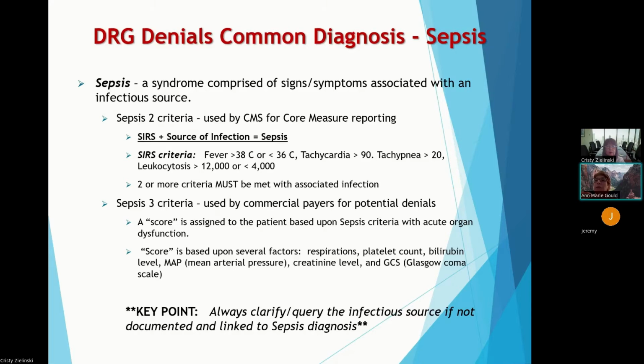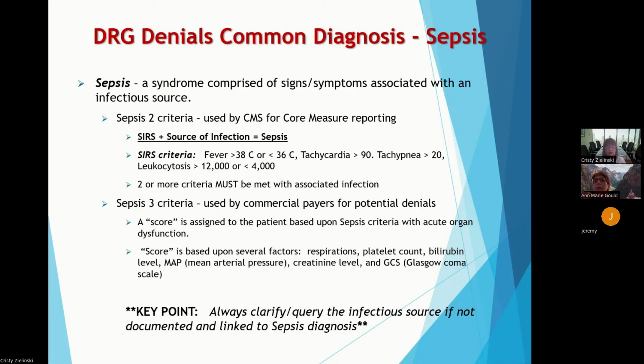So what is sepsis 3? This is a score that is assigned to the patient based upon sepsis criteria with acute organ dysfunction. The score is based on numerous factors, and it's usually related to respirations, your blood levels of your platelets, your bilirubin, your mean arterial pressure, that's relating to your blood pressure, creatinine level, and your Glasgow Coma scale.